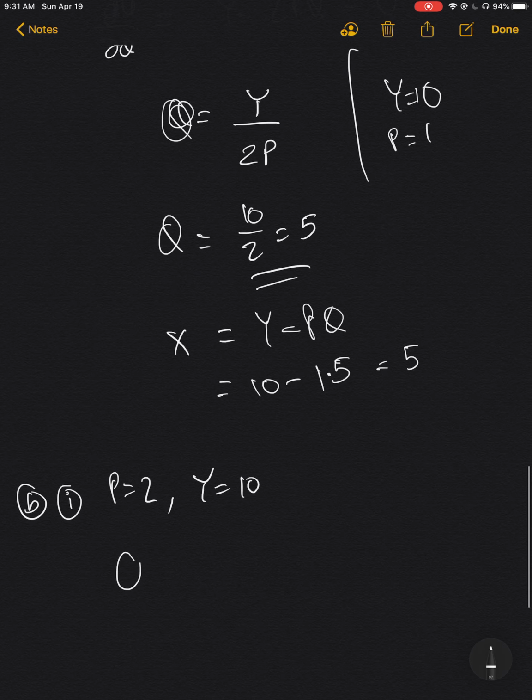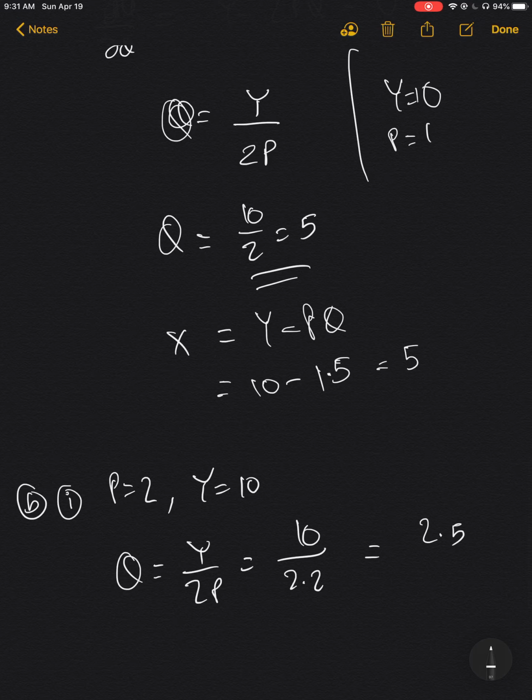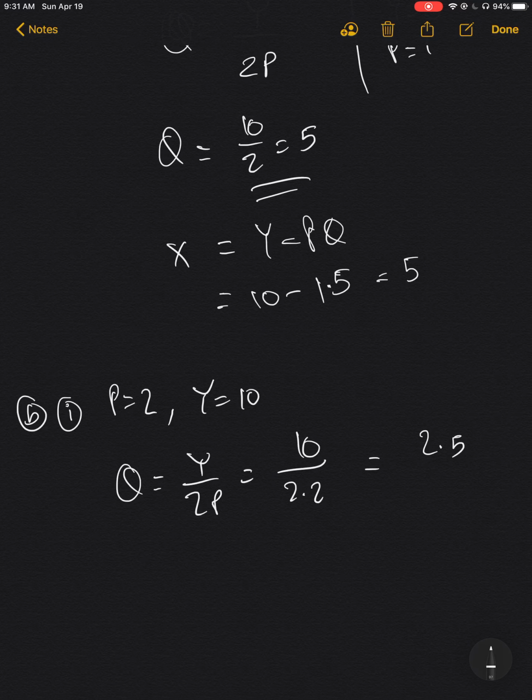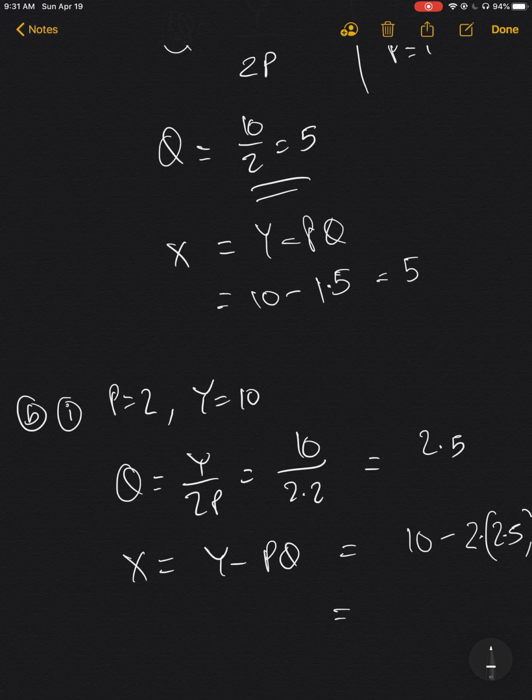So Q is again Y over 2P, 10 over 2 times 2, so that's 2.5. Given that, X is again Y minus PQ, where Y is 10, P is 2 and Q is 2.5. That's just going to be 5.